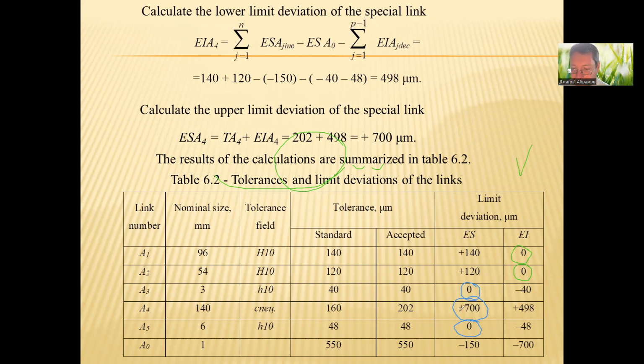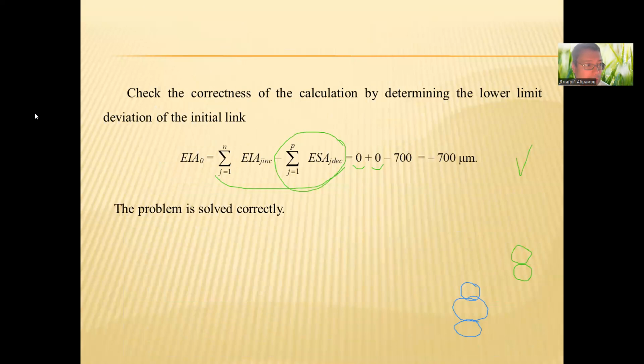So 0 plus 700 plus 0. It will be 700. So 0 plus 0 minus 700 will be equal minus 700 micrometers. It's lower limit deviation of initial link.